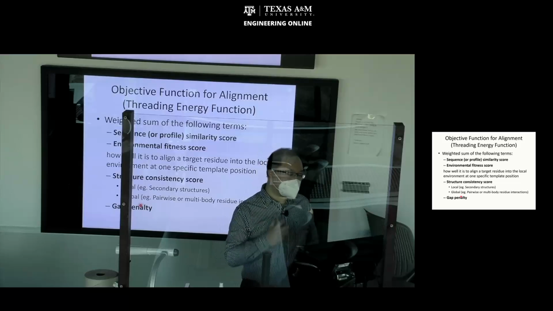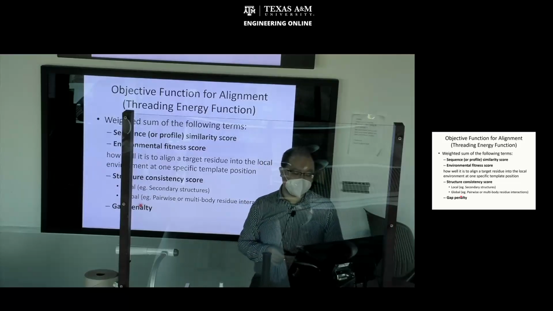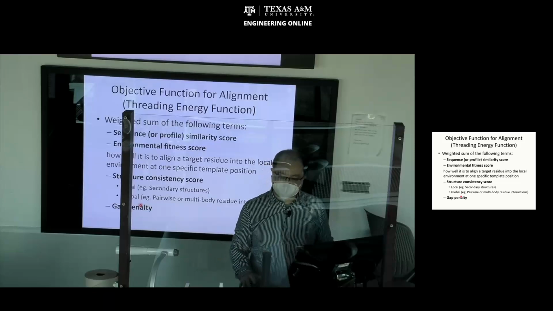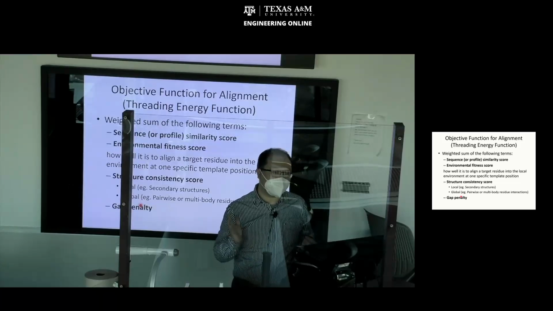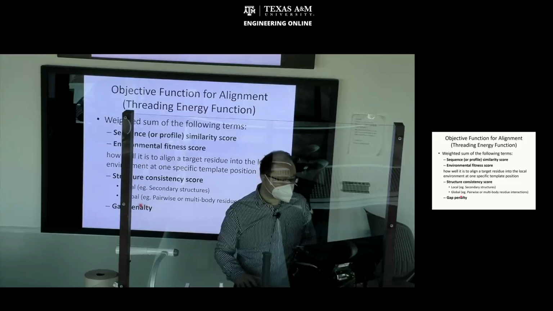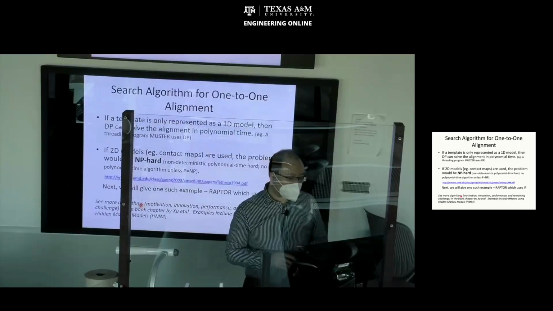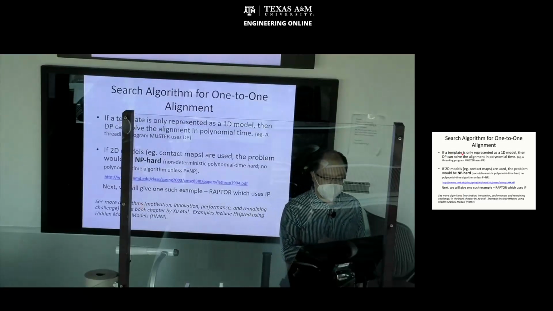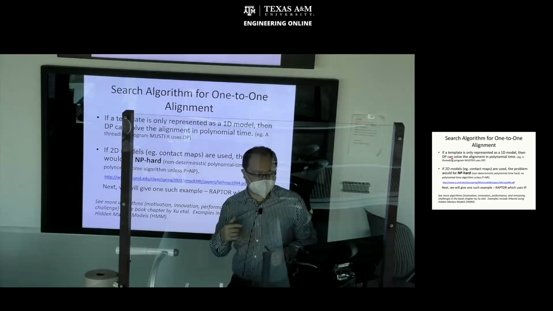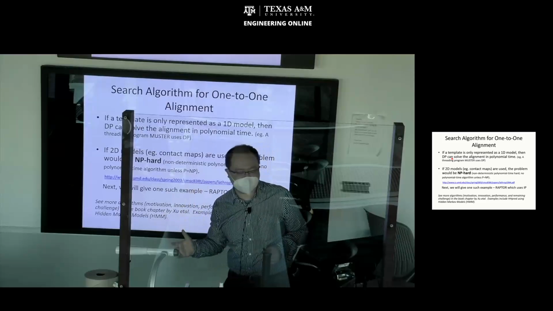So with the decision variable and its objective function more or less figured out, we have to talk about the algorithm, because we need to overcome the combinatorial explosion. If you only represent the template by the 1D representation, then you can use the same dynamic programming to align a query sequence to a template structure, okay?